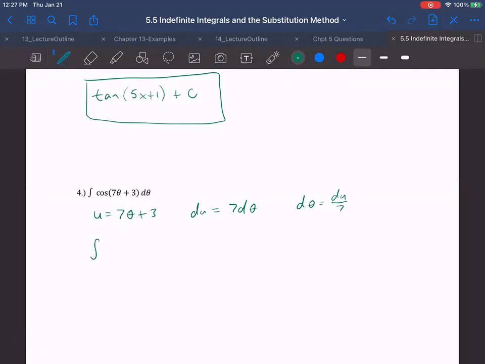So this gives us integral cosine of u du over 7. And so the derivative of what is cosine? Sine. So this is sine u over 7 plus c, which is sine of 7 theta plus 3 over 7 plus some constant.